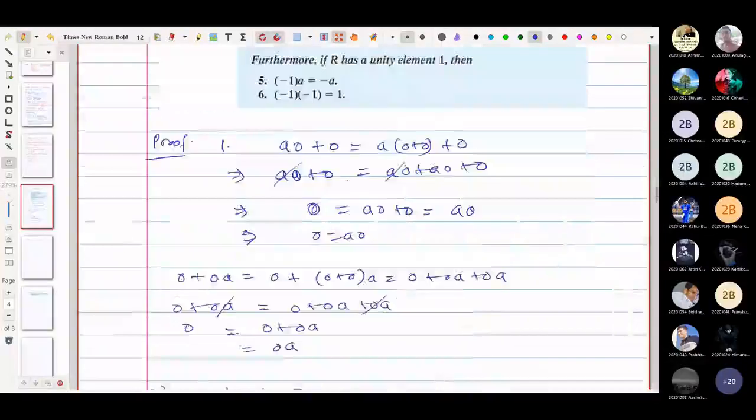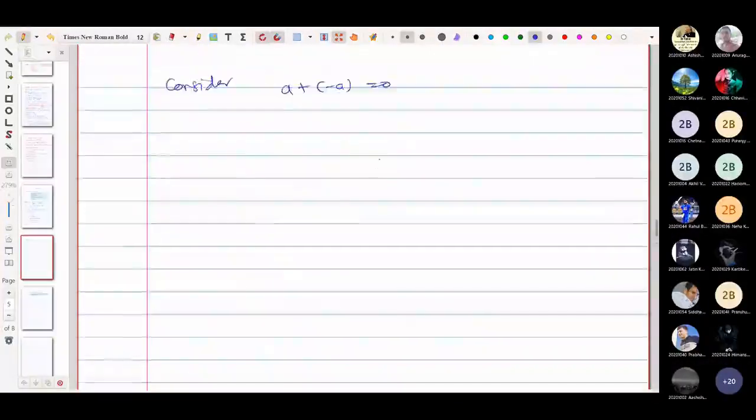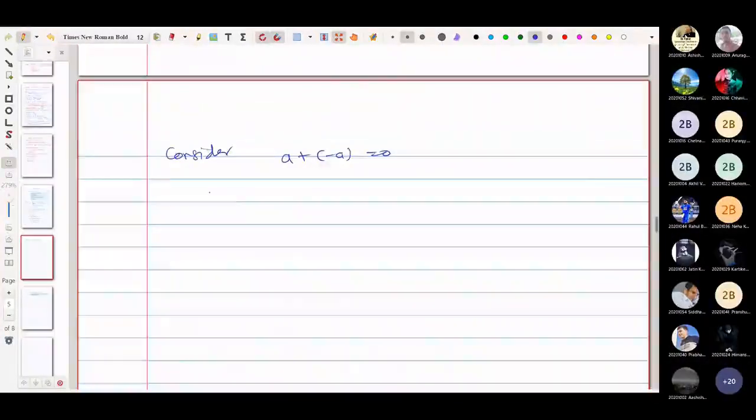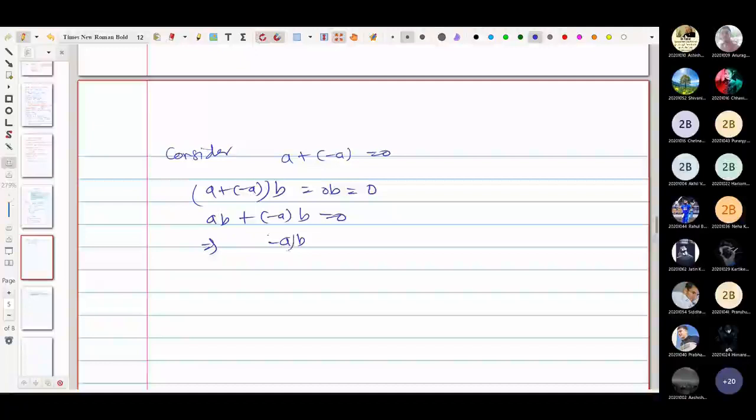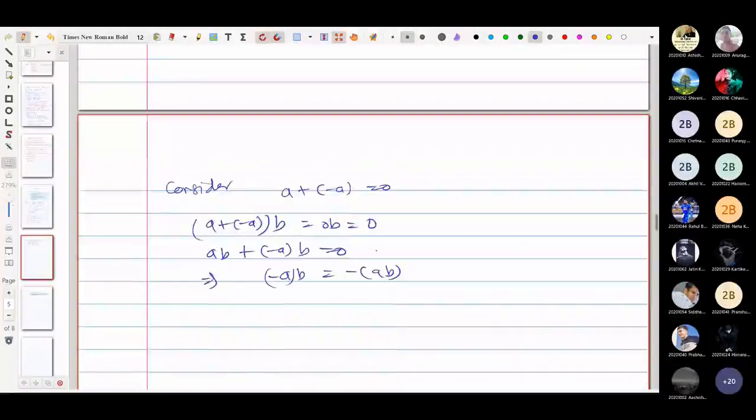B is coming on the right side, so we need to multiply by b from the right. So (a plus negative a) operated with b from the right, 0b is going to be 0. Here we have ab plus negative a times b. This is equal to 0, and this implies that negative ab equals negative a times b. So this proves the second part.